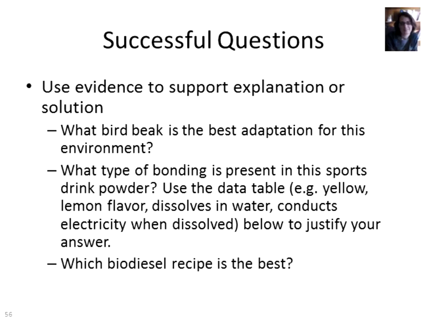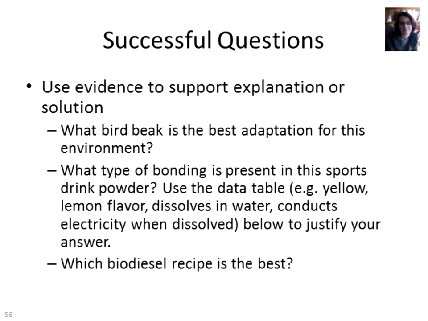So more successful questions are ones that ask students to use evidence to support their explanation or solution. For example, what bird beak is the best adaptation for this environment? This question is asking students to use evidence from their explorations and an activity where they were pretending to be different bird beaks.